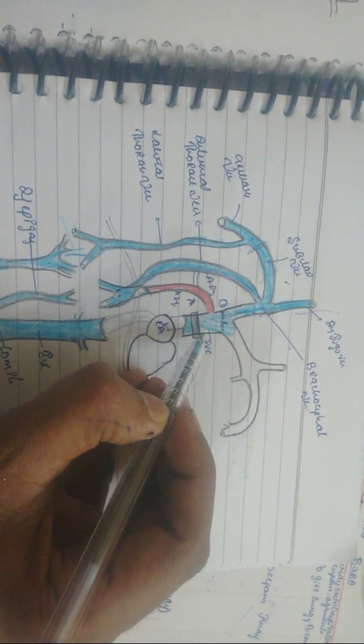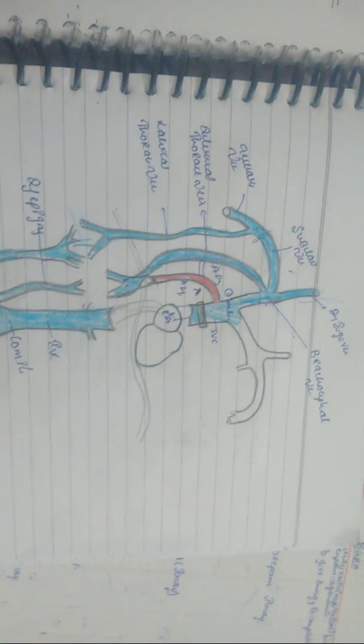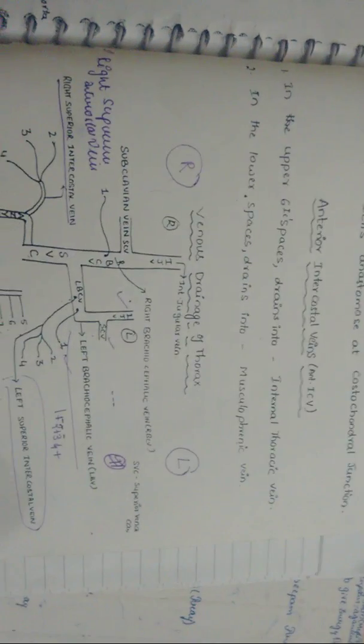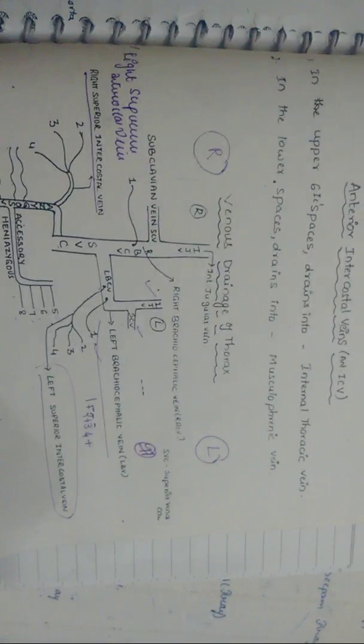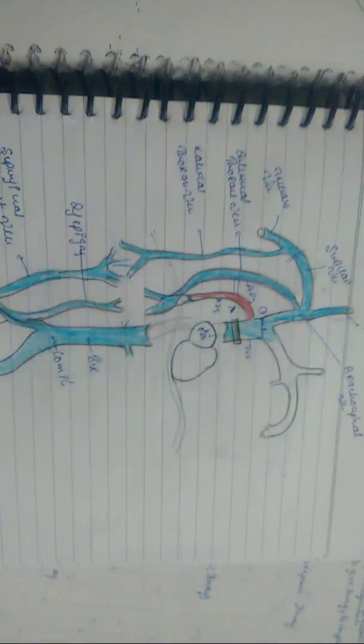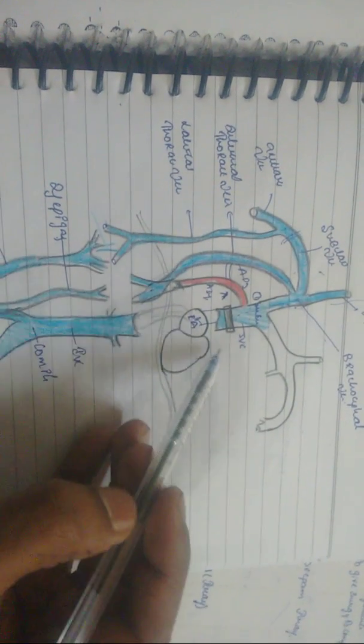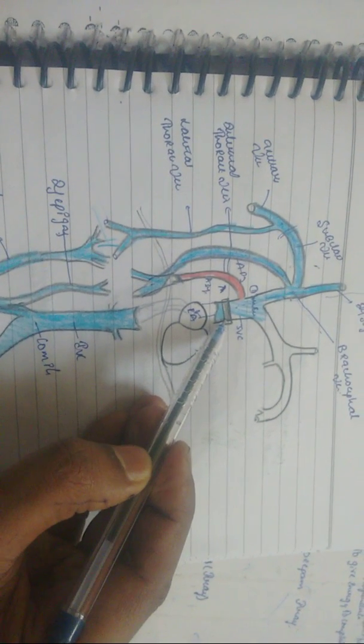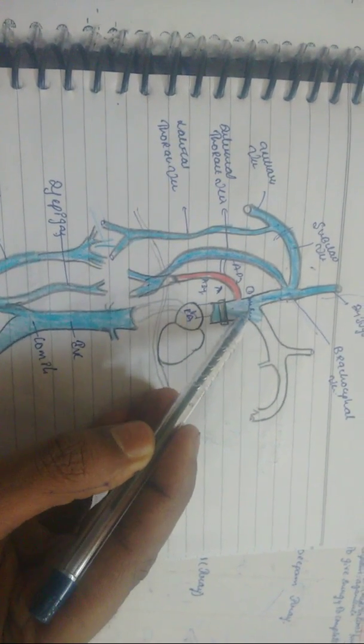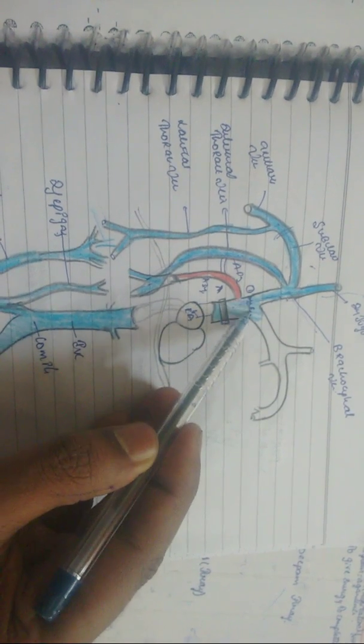We already spoke about this, hope you remember. Let us see what happens if there is an obstruction below the azygos vein, and what happens if there is an obstruction above the azygos vein.